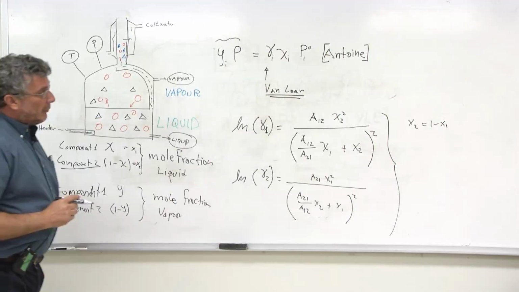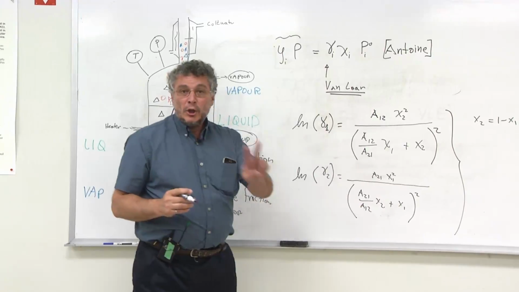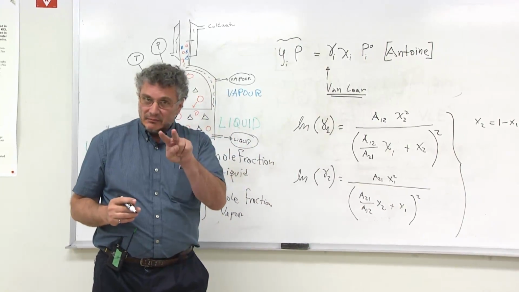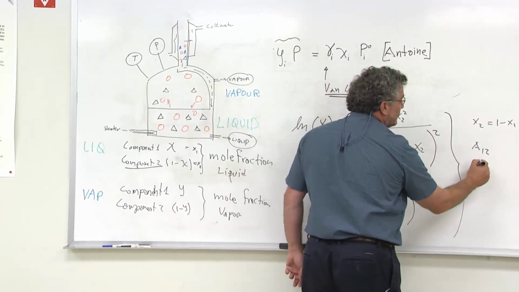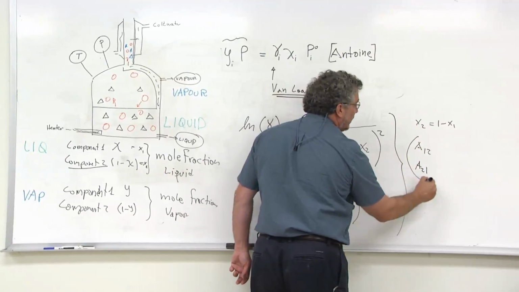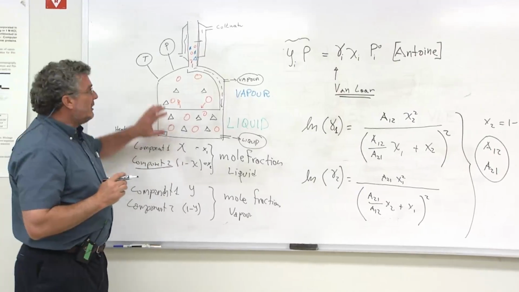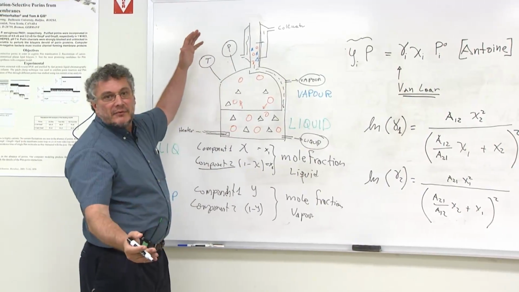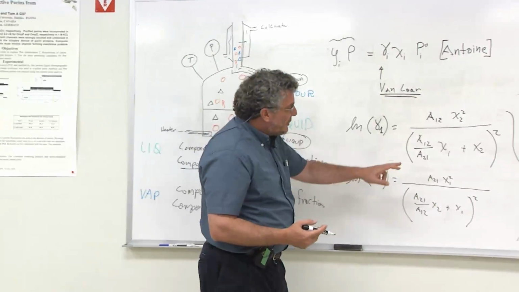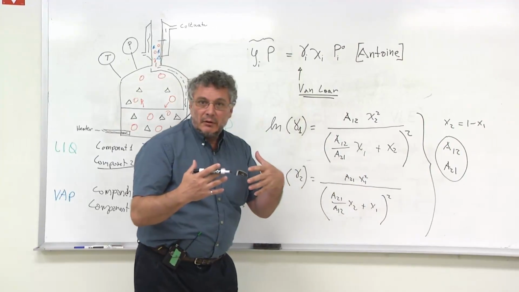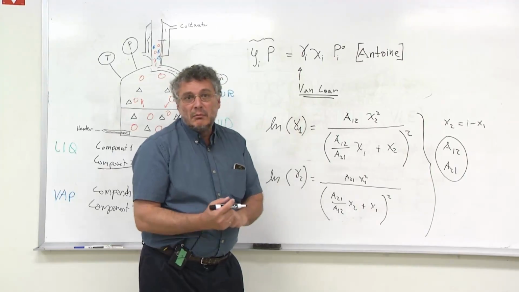So these two expressions are a function of two parameters, a12 and a21. These two are parameters characteristic of the substances that you're using, and within a very broad range of temperatures they are more or less constant, whereas these compositions are going to change depending on how much you put of each molecule in the system.